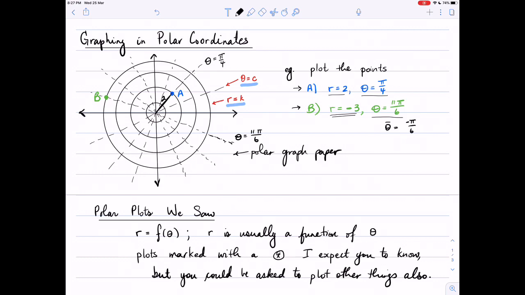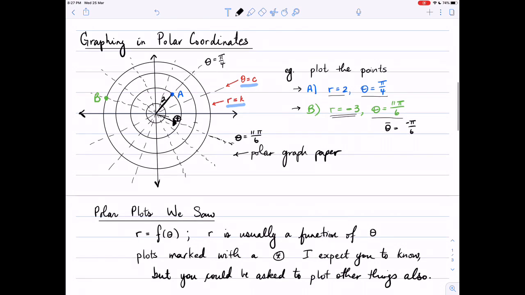And so if r is negative, instead of coming out 1, 2, 3 in this direction, that would be the positive radius direction. Since our r is negative, we're going to be going out in the opposite direction, but along the same dotted line.